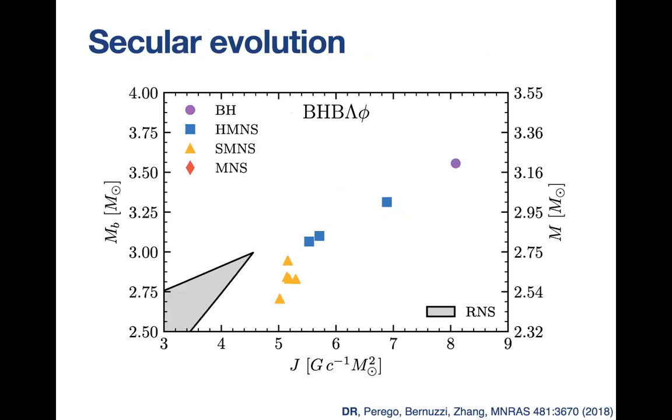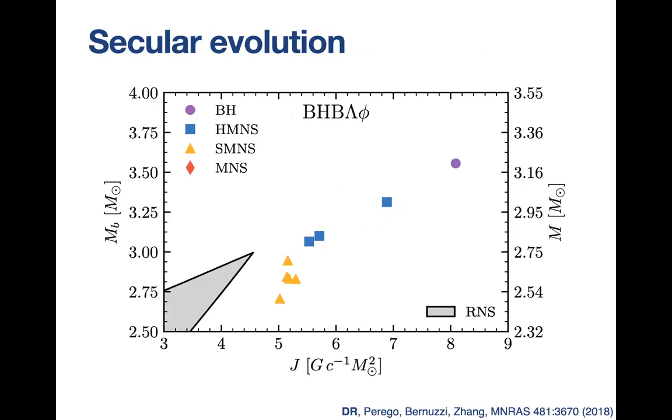This is another way to look at the same or a similar picture. What I'm showing here is not the angular momentum anymore on the y-axis, but the baryonic mass of the system. And this is the same angular momentum on the x-axis. These are the configurations at the end of our evolution, when the gravitational wave emission time scale becomes very long.